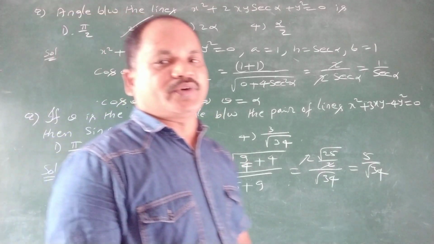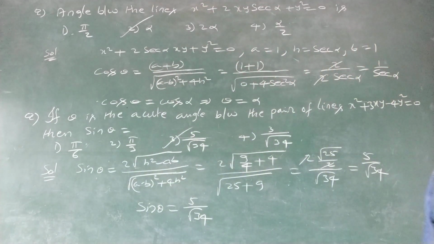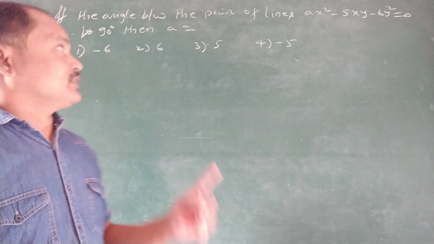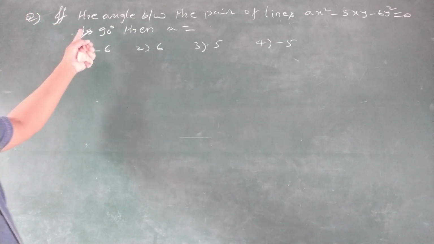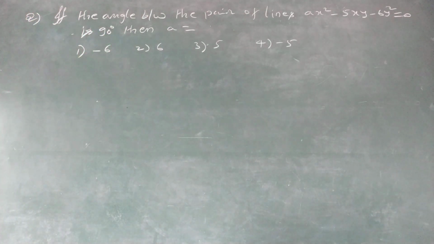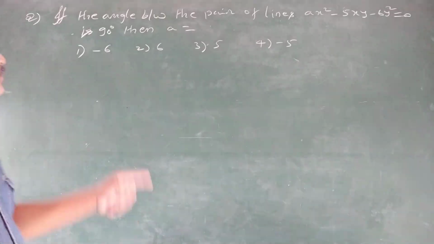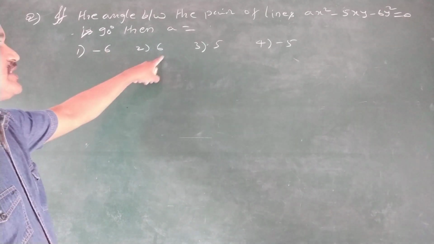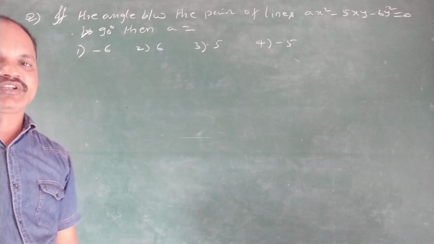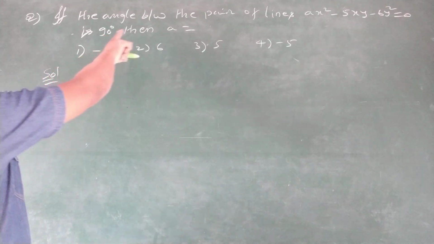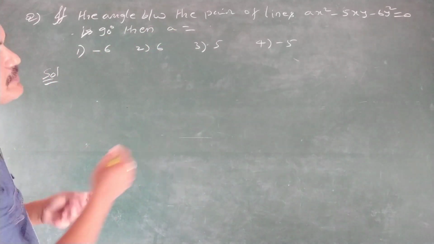Okay. Now we are going to one more question, depending upon the concept. Now the question: if the angle between the pair of lines ax square minus 5xy minus 6y square is equal to 0 is 90 degrees, then a is equal to: first option minus 6, second option 6, third option 5, and fourth option minus 5. Now the solution for this one. If theta is equal to 90, then a plus b is equal to 0.